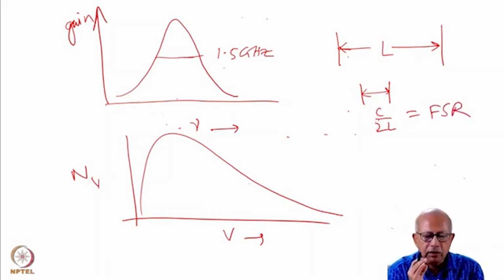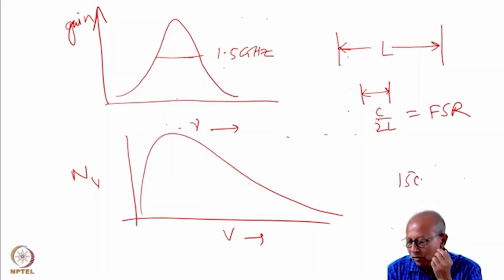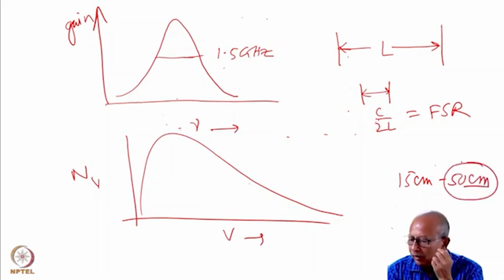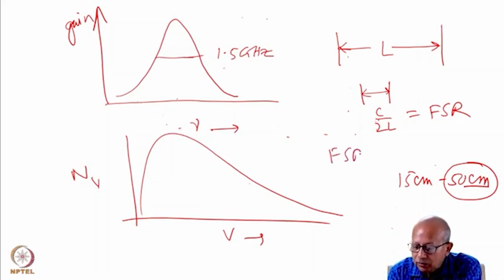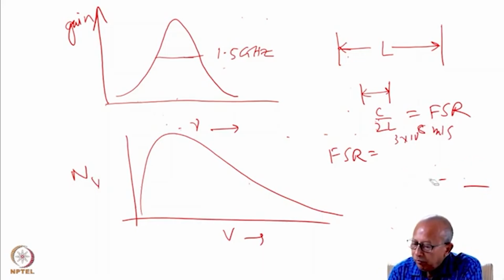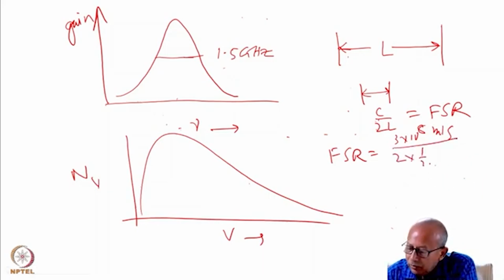Now, for a helium neon laser, the typical cavity length lies between a few tens, say about 15 centimeter, to 50 centimeter. Let us take the length as 50 centimeter. Then the free spectral range becomes c by 2L, that is 3 into 10 to the power 8 meter per second, divided by 2 into half meter.